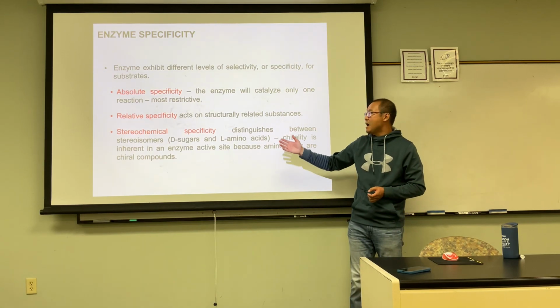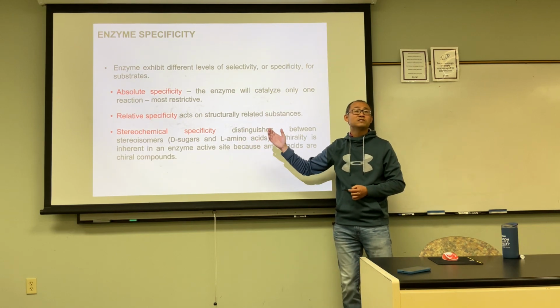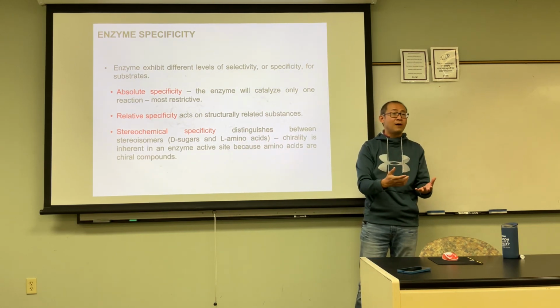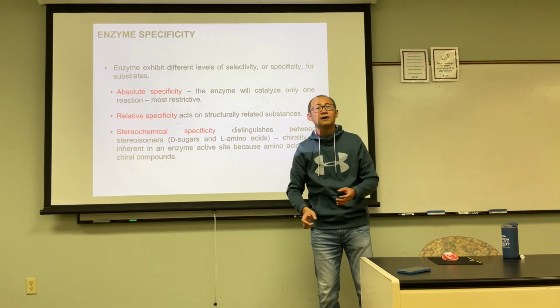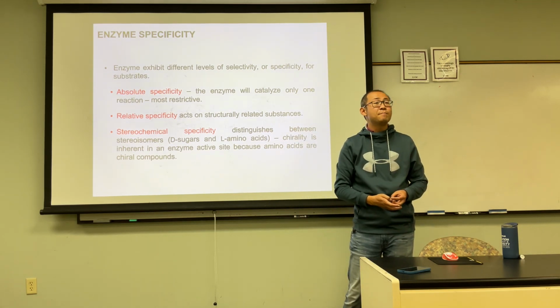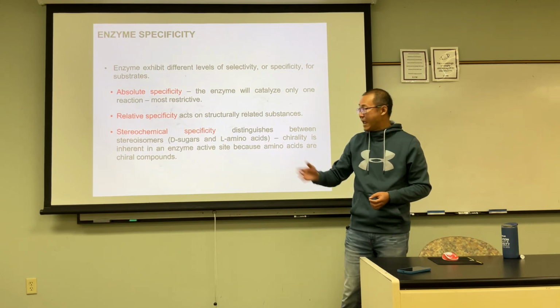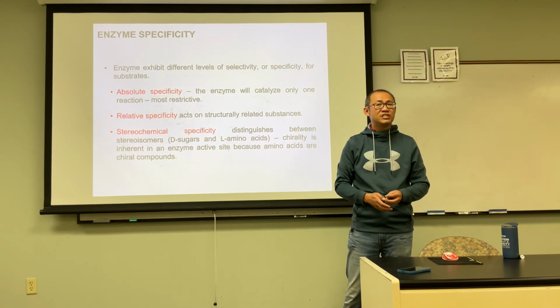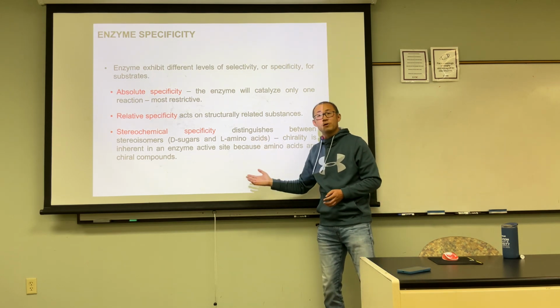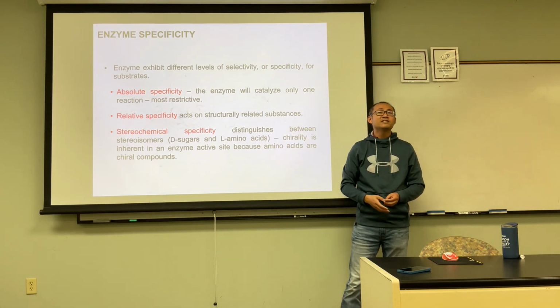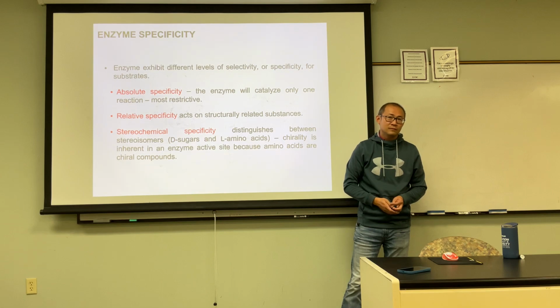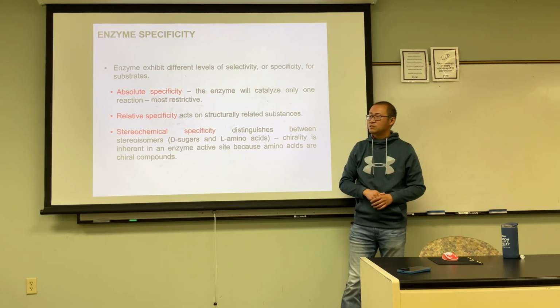Because our enzymes have stereochemical specificity. When we accept D carbohydrates, our enzyme will not accept L. They will not take the mirror image of the D carbohydrates. The same goes for amino acids: our enzymes use L amino acids to make our proteins, and the D isomers are not taken. That's called stereochemical specificity.